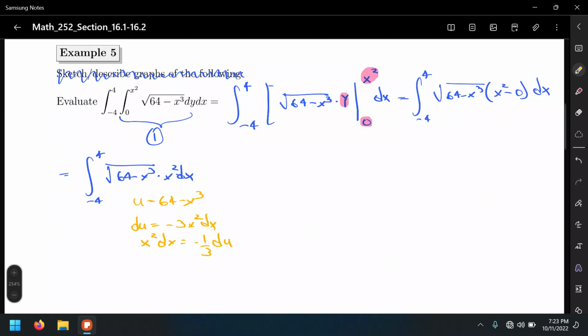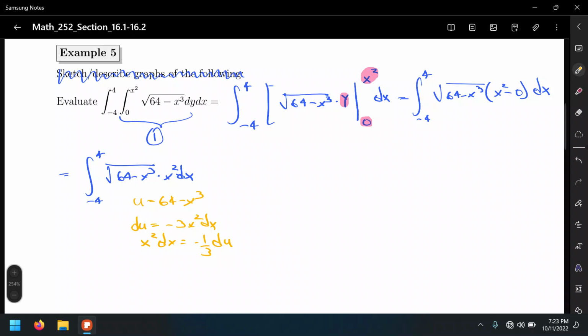If you don't want to back substitute for this binomial 64 minus x cubed on top of this radical, how about we also change the limits of integration? Technically this is the correct way to integrate a definite integral with a u substitution, because if we're changing the integral to the world of u to solve the problem in an easier way, then we also have to change the numbers to the world of u as well.